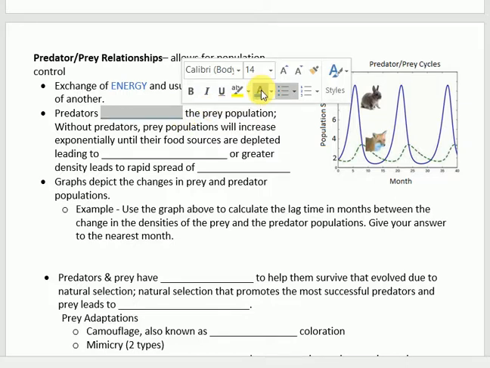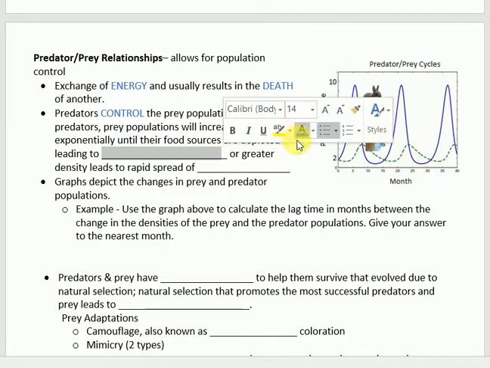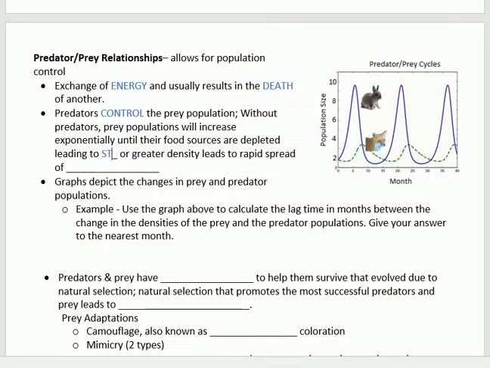Predators actually control the prey population because without predators, the prey populations are going to increase in size until their food is gone. And then that will end up leading to starvation as well as a rapid spread of diseases.